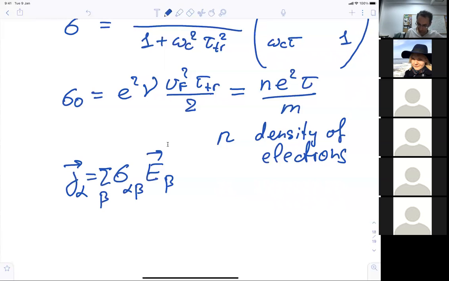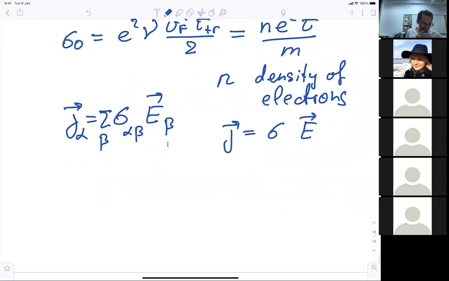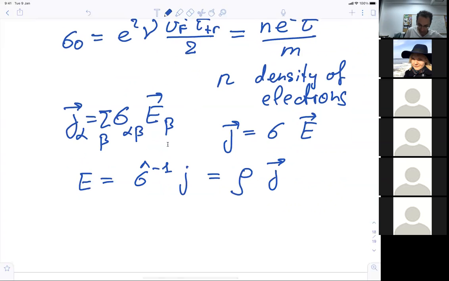Or in matrix notation, J as a vector is equal to sigma as a tensor times E. I can invert this and say that the electric field is equal to sigma to the minus 1 times J, or as it is frequently called, rho times J, where rho is a matrix of resistivity.